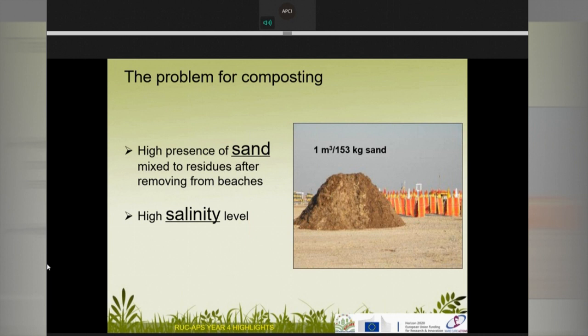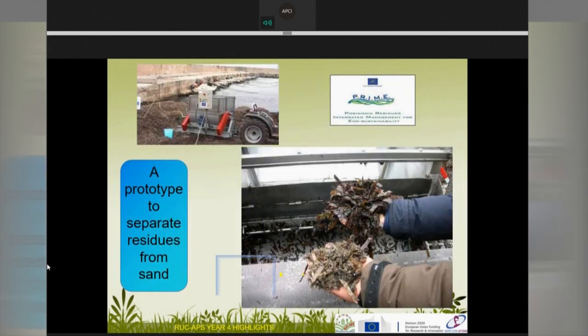Through some studies conducted in the framework of the European Life Project, whose acronym is PRIME, we overcame these two obstacles, increasing the aptitude of Posidonia residues for compost production. For example, thanks to a prototype machine developed in the framework of the project, more than 90% of sand could be separated from residues, washing them using marine water.